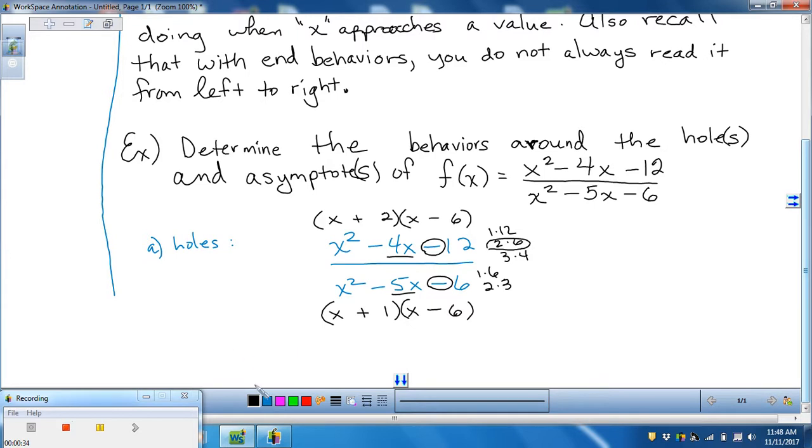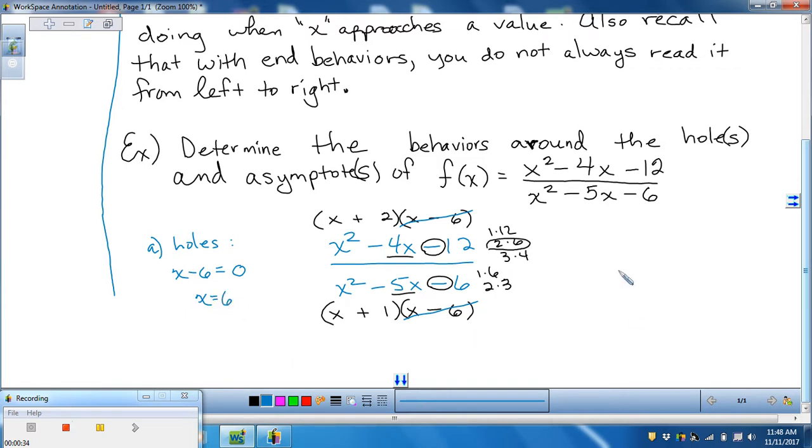So now that I have it factored, remember that a hole is located where we have factors that cancel out. So x minus 6 is going to cancel in the top and in the bottom. So our hole will be located where x minus 6 is equal to 0, so at the value of x equals 6.